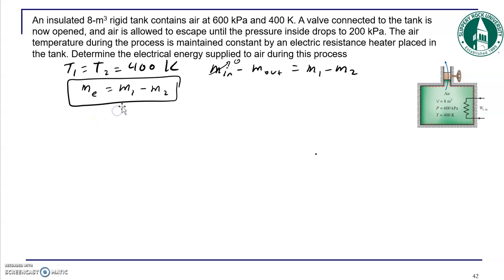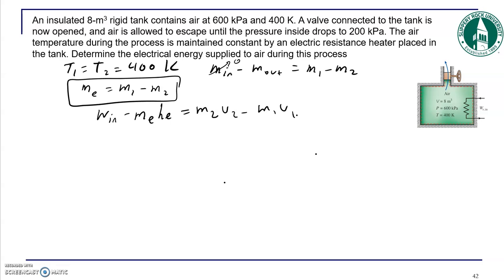We had work in, right, to the system, minus mass leaving our system multiplied by enthalpy, is equal to m2 U2 minus m1 U1, because kinetic and potential energies are 0, right?